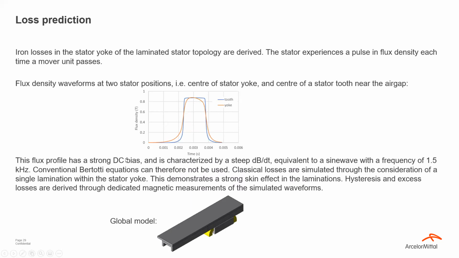It's like a strong DC bias step that is applied onto the stator laminations, and therefore when you calculate the losses, you can't use classic loss equations as is normally done with Bertotti, where you split up between hysteresis, eddy current, and excess losses.